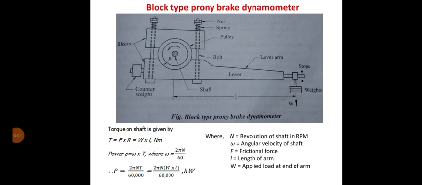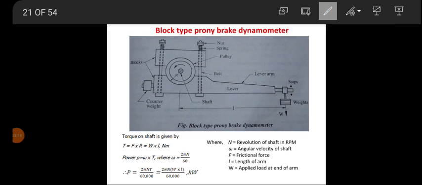It consists mainly of two wooden blocks, counterweights, springs and a nut assembly. Then we have a shaft and pulley arrangement.